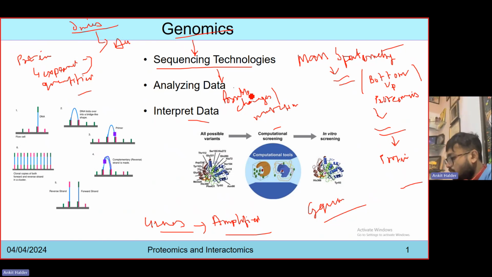Sorry, so finally you have to interpret the data. So this is what there is for genomics or the genomics based technologies.